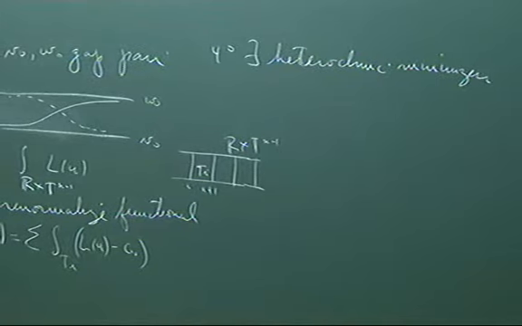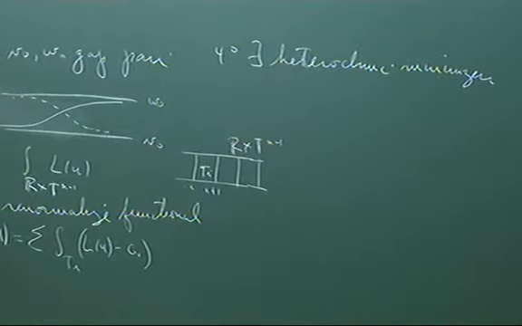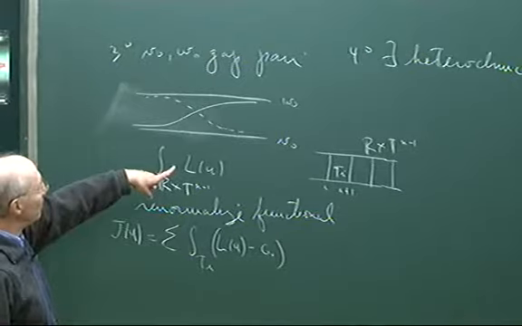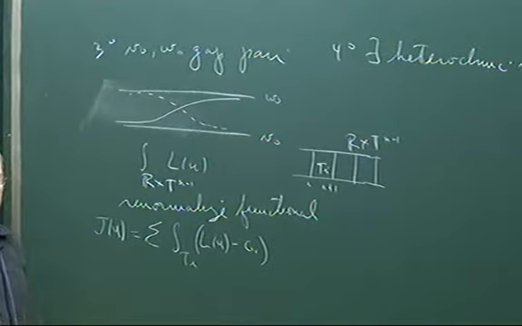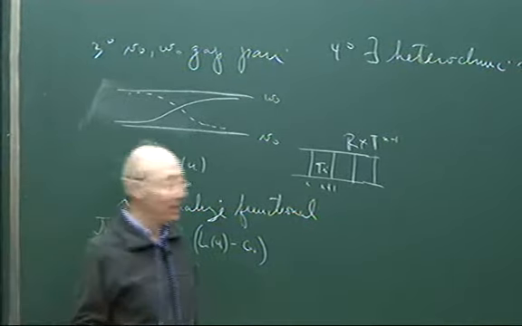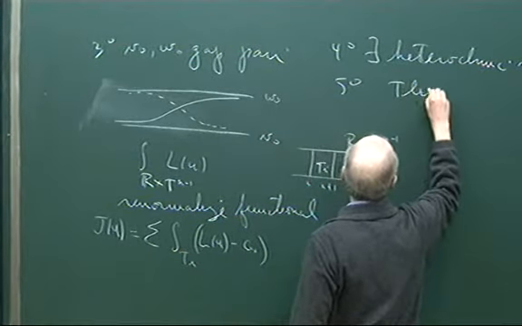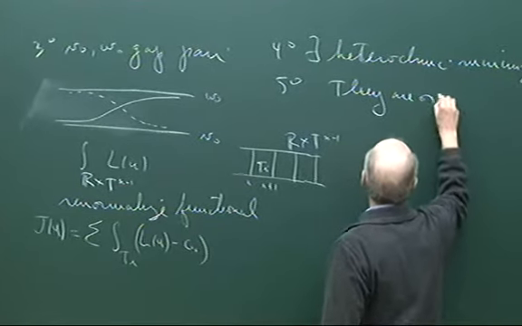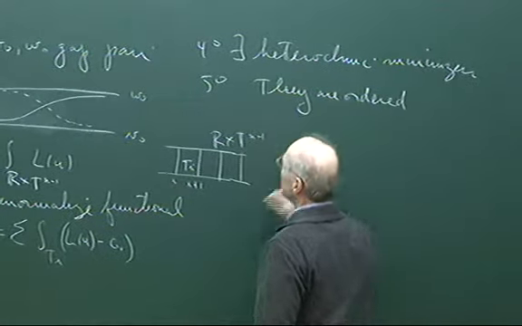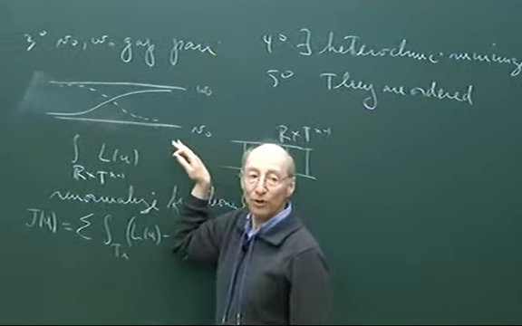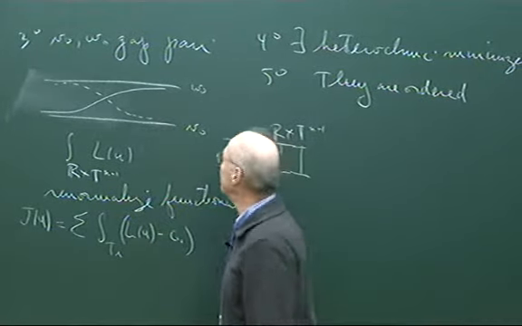It turns out again that the set of such heteroclinic minimizers is an ordered set. It's even the same sort of argument. The ones of this type are ordered, the ones of the other type are ordered.